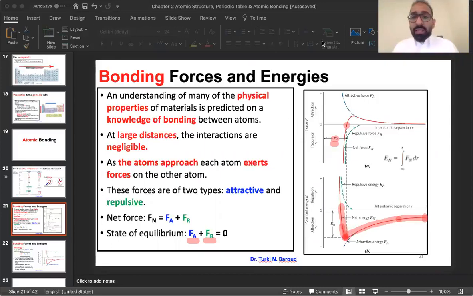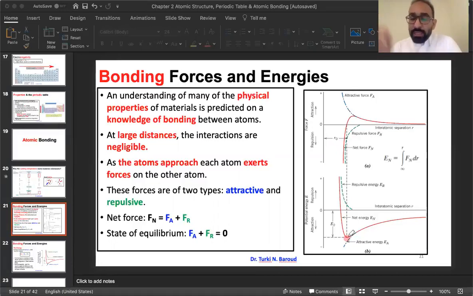This is why the two atoms will be very happy to come closer to each other with an interatomic spacing equal to the equilibrium interatomic spacing R naught, because that is going to have the minimum energy in this curve. That minimum represents what's called the bonding energy.